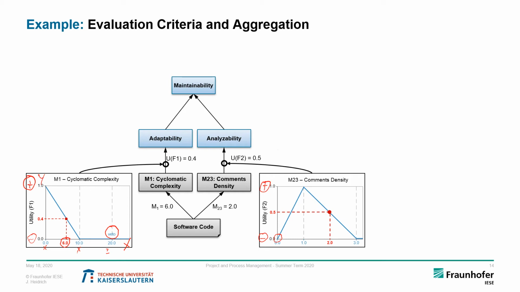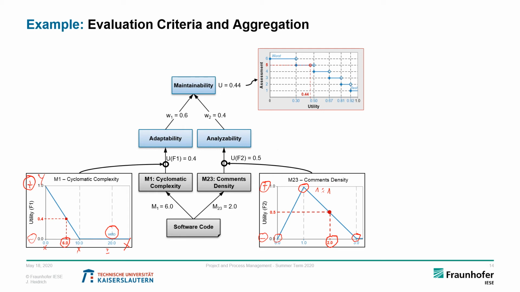And if you have more than 3 commented lines per line of code overall, that could be a little bit too much regarding comments. So then it also becomes the worst situation again. And then we have this triangular function. The best case is 1-to-1, which means for each line of code you have in addition 1 commented line of code. And then based on that, you can read out. So if you have a 2 here, it gets evaluated as a 0.5.